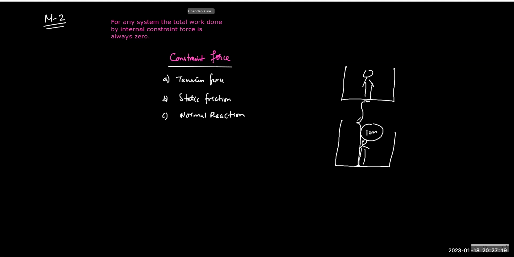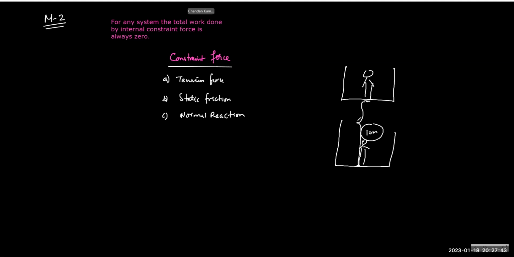Similarly, with static friction when you walk, the sole of your shoe or slipper doesn't slip. It remains intact there. Then you lift the other leg forward and put it down, but again that foot will stick to the ground.